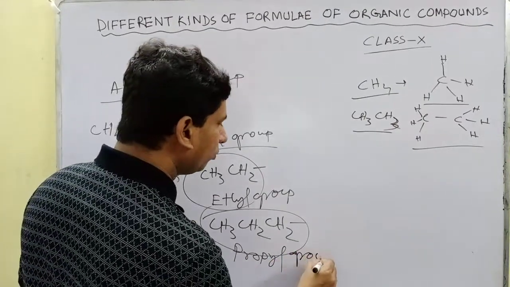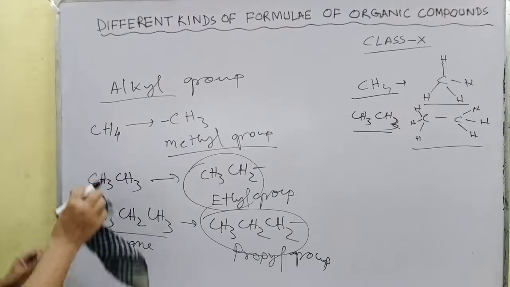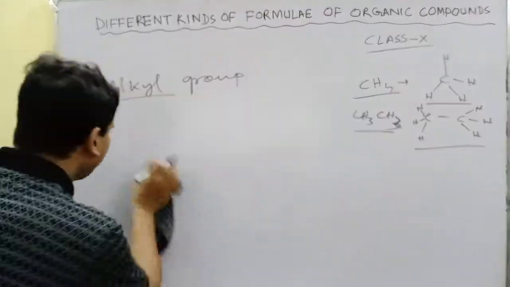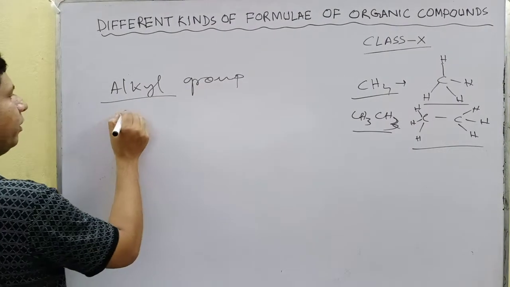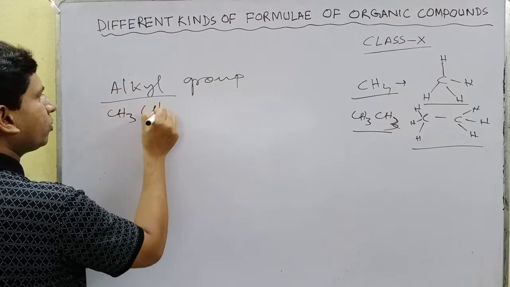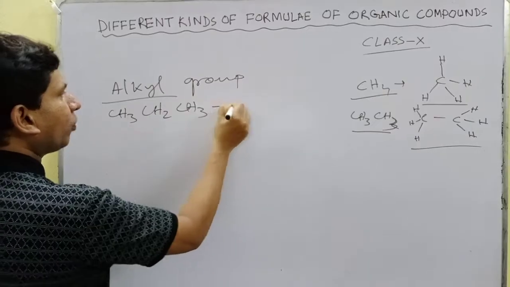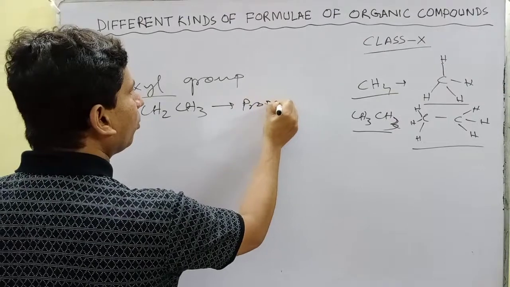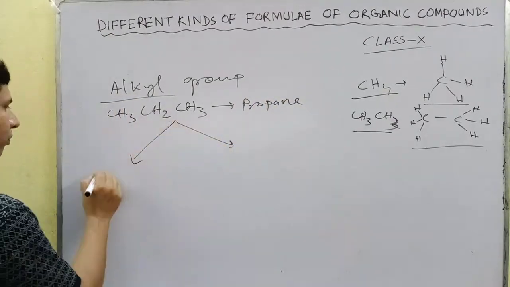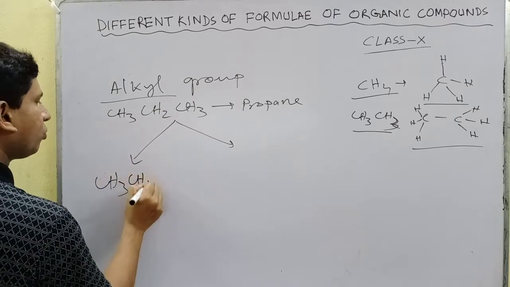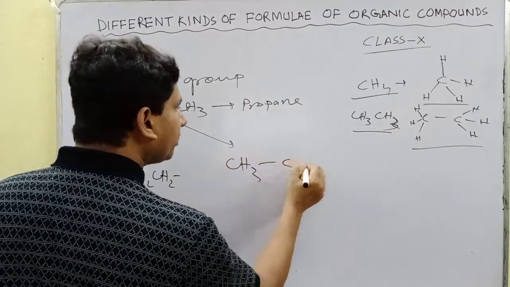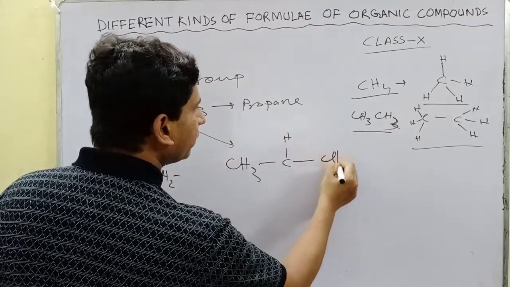From propane, CH3 CH2 CH3, we can get two types of group. One is the CH3 CH2 CH2 group and another is CH3 CH CH3.